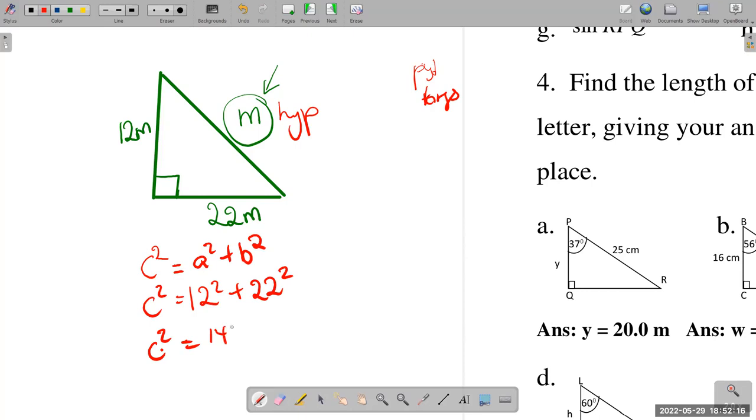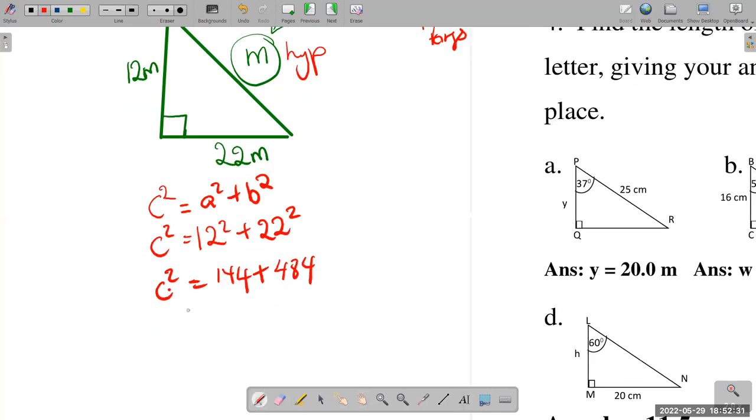That's 144. Show everything. Then 22 times 22. I can't teach and calculate, so somebody has to give me the digits, please. Thank you. 484. When I add that up, what do I get? 628.